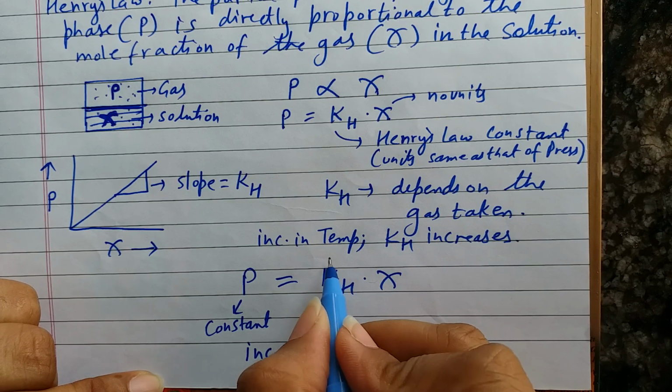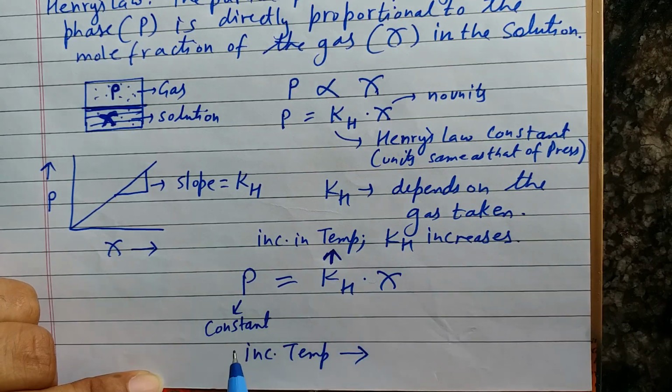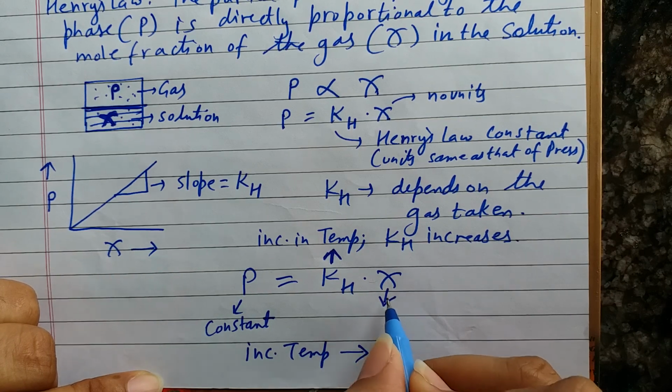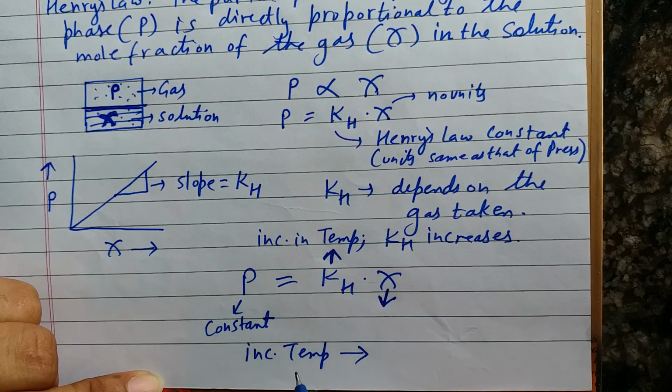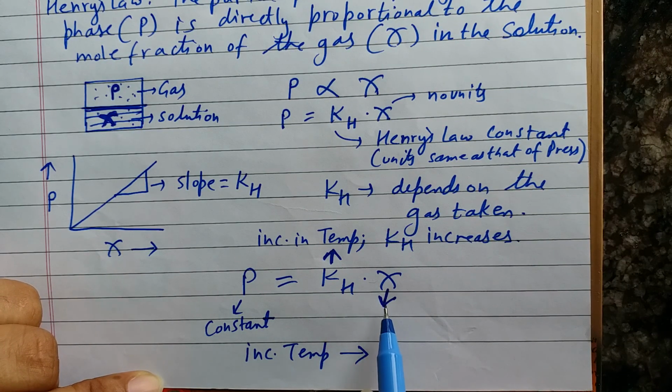So KH is going to the higher side. Now because pressure is to be kept constant and it is a product of KH into chi, when P is a constant and it is a product of these two, where one is increasing, the other should decrease. So if you increase temperature, KH increases, or you can say chi will decrease.